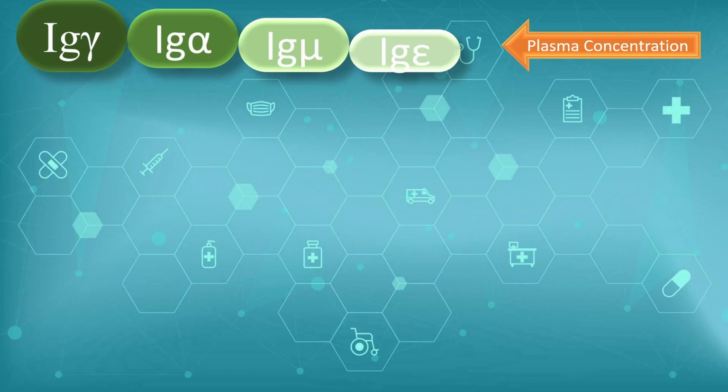So this question is asking what is the message when there is a higher concentration of immunoglobulin M than immunoglobulin G, which is not normally happening.